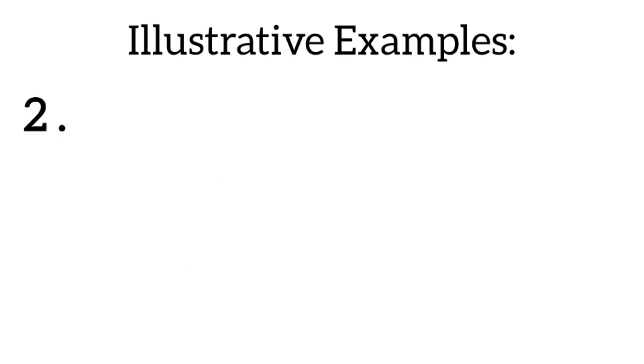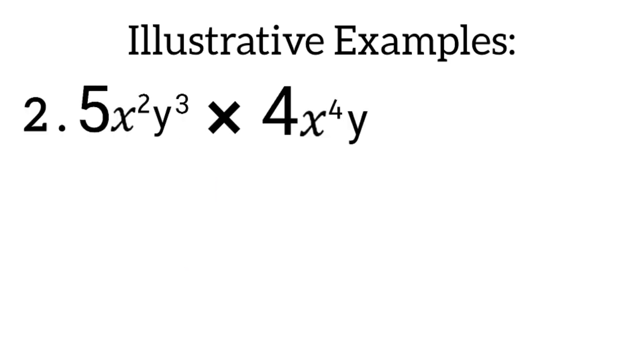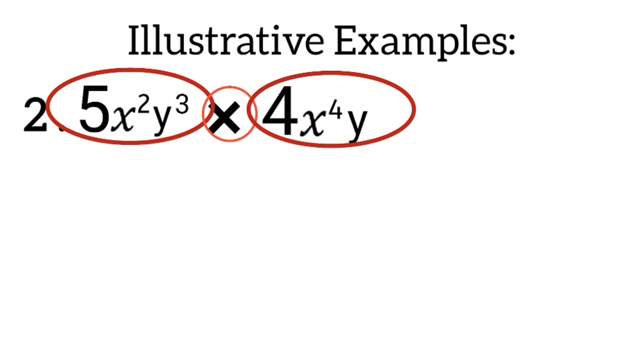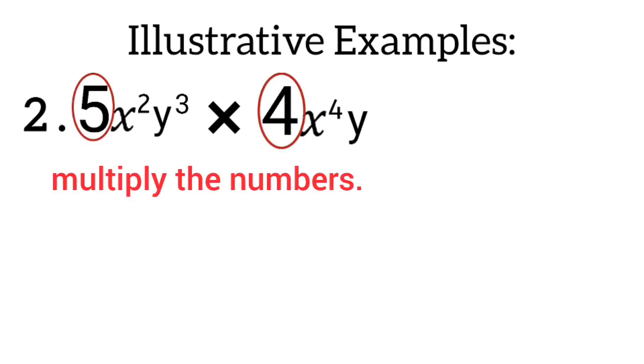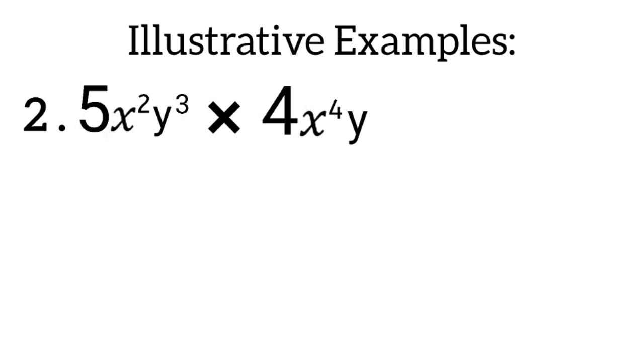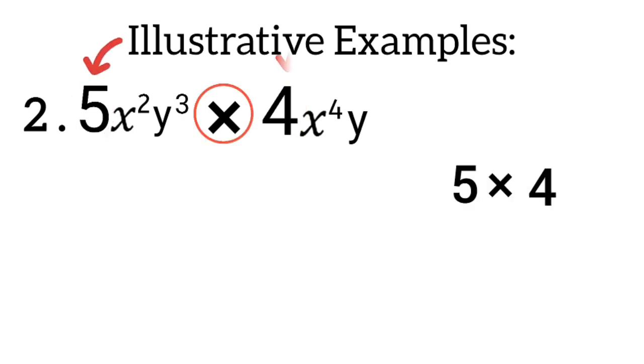Question number 2. Now in this question, you will see clearly that this is multiplying this. And since there are numbers in there, you have to multiply the numbers first. The number 5 times the number 4 will give you 20.